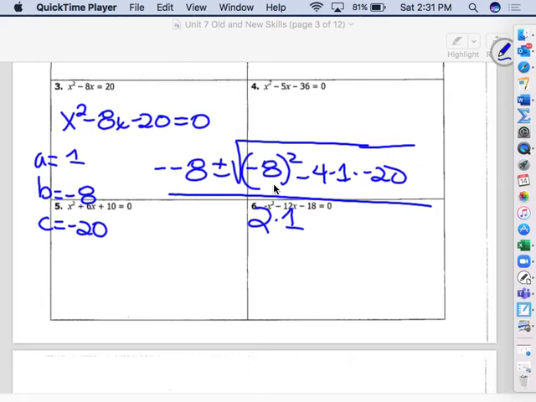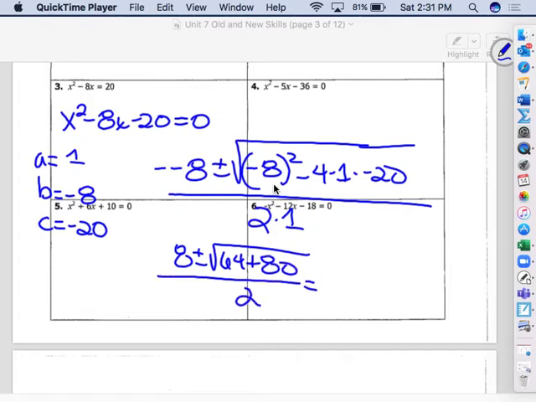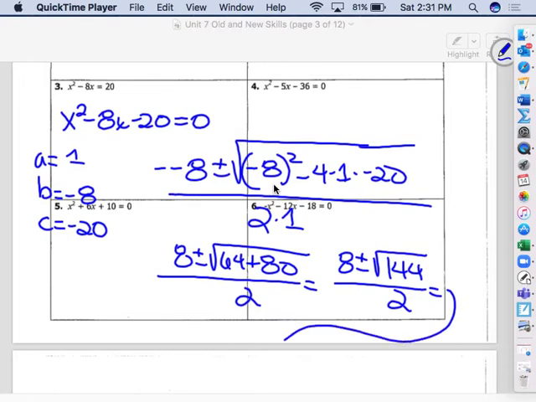So to clean this up, you would have positive 8 plus or minus the square root of 64 plus 80 over 2. And that's going to be positive 8 plus or minus the square root of 144 over 2. And that's going to lead me to, once again, I'm going to move to the other side of the board. This is going to lead me to 8 plus or minus 12 over 2.